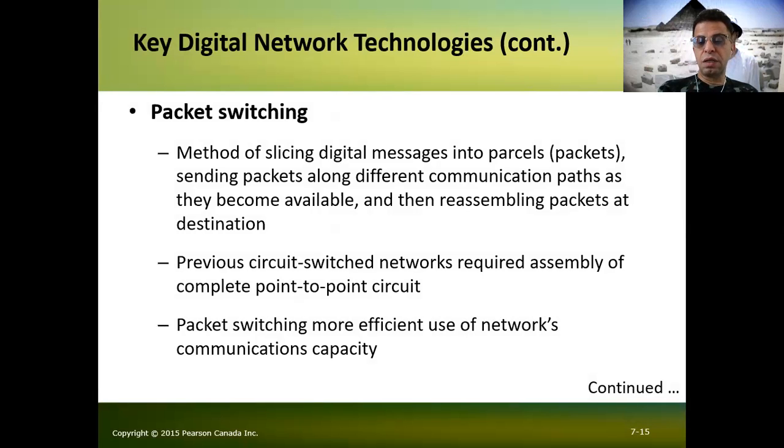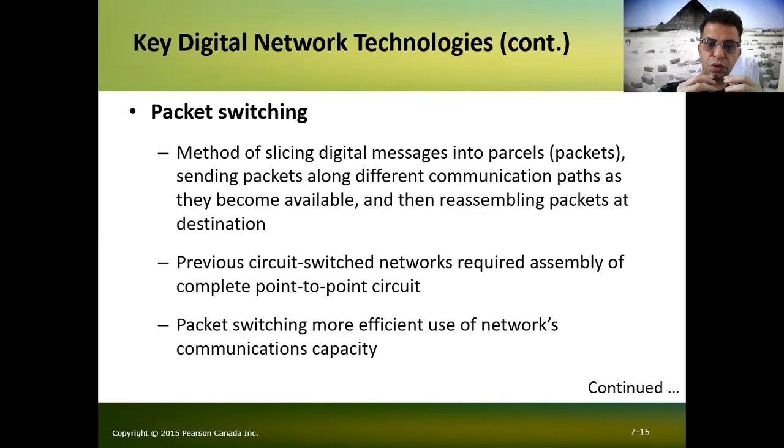But there's something called packet switching, a method of slicing the digital message into small parcels, or packets, sending them along different communication paths as they become available, and then reassembling them at the destination.